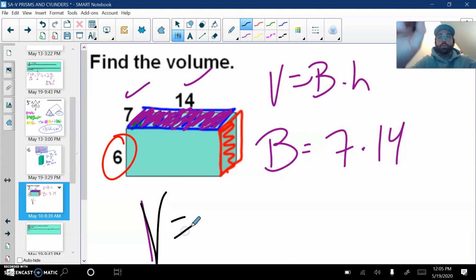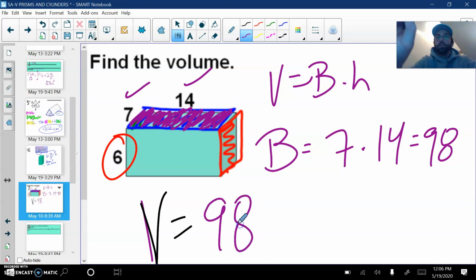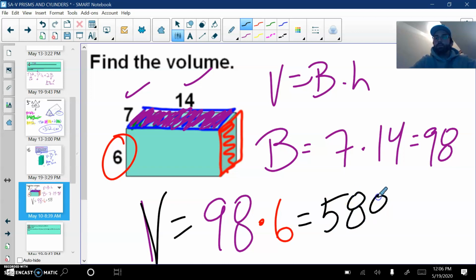Well, the volume will be the area of our base, 7 times 14, which is 98, times 6. Now, some of you may recognize that all I did was multiply 7 times 14 times 6.